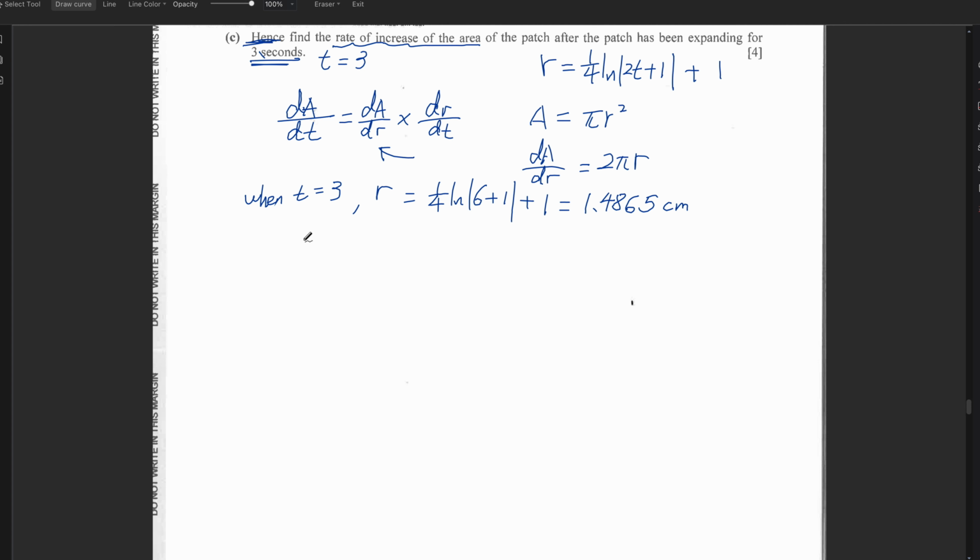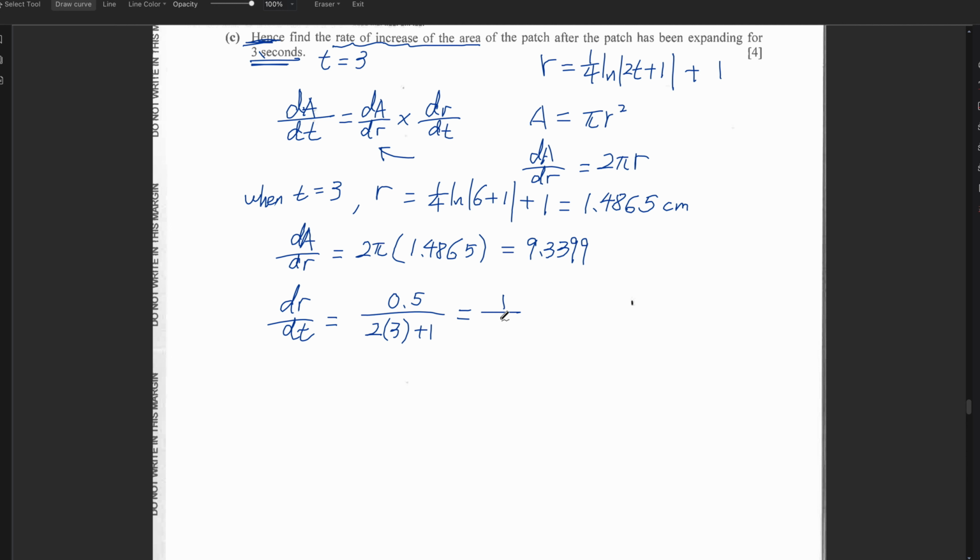And then this will give me dA/dr equals 2 pi times 1.4865, and press your calculator. We will have 9.339999. And dr/dt, simply sub in t equals 3, which gives us 1/14.